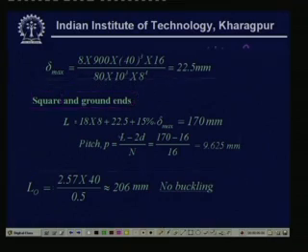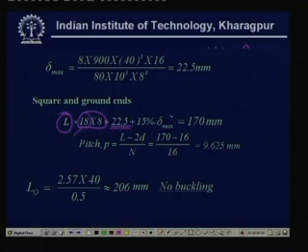we get the value of free length. This is a solid length. While computing the solid length, if you go through the square and ground end chart, you will find that this is the total number of coils, 18, that means 16 plus 2, into 8 as the diameter.